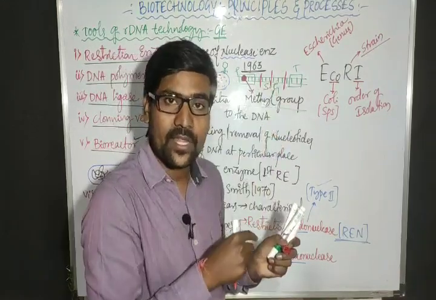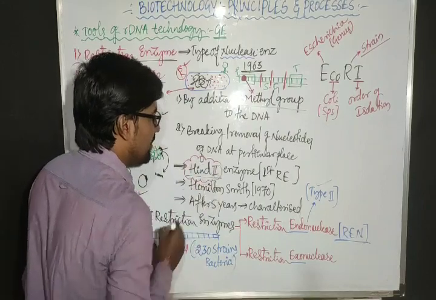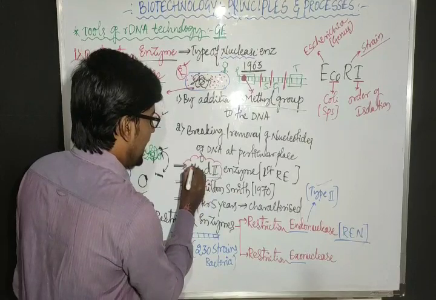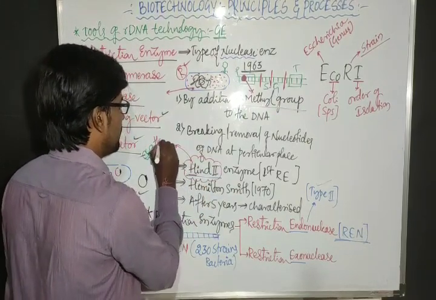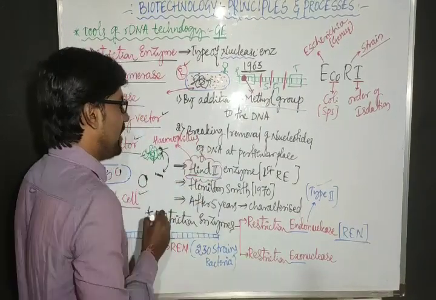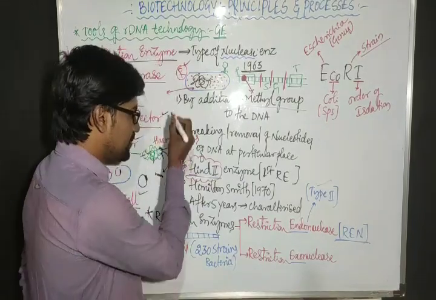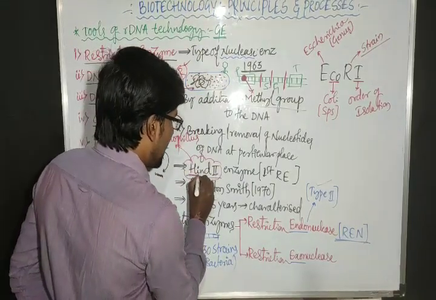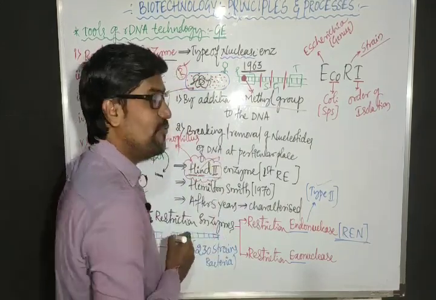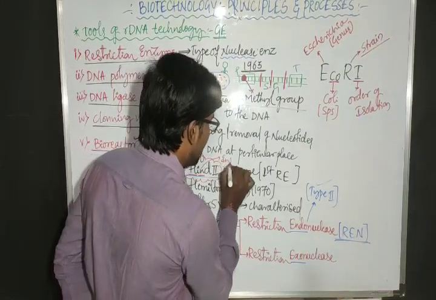So this is the nomenclature of restriction endonuclease enzymes, how we give the name. Now coming to this one, the first isolated enzyme, HindII. Here H means Haemophilus, the genus name, and in means influenzae: Haemophilus influenzae.